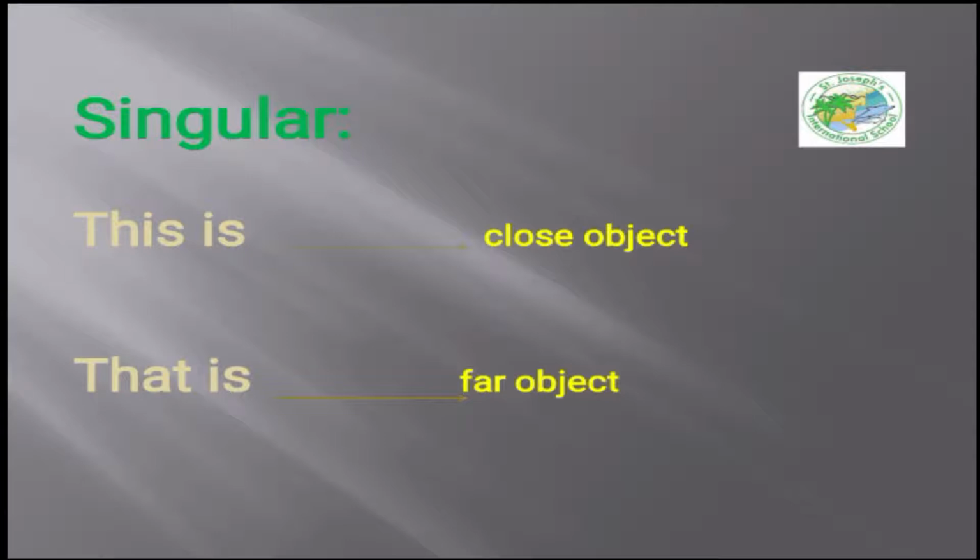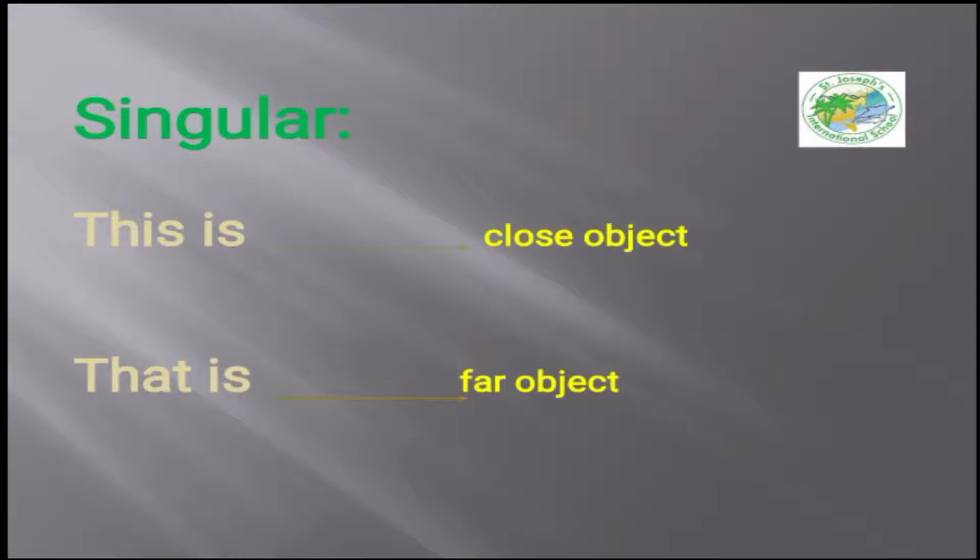We use it to point at something which is far from us, far. So this, we use it for something which is close. That, when I point to something which is far from us.